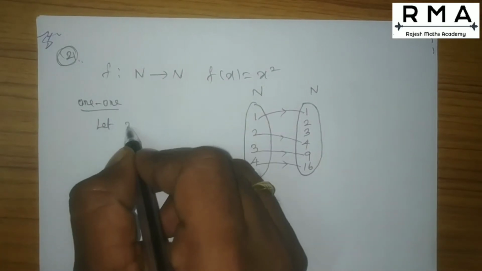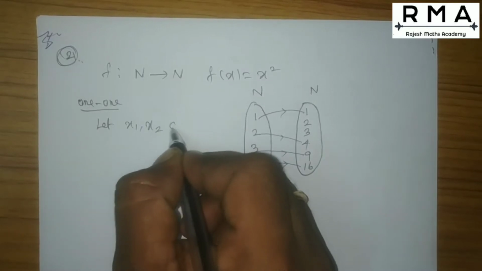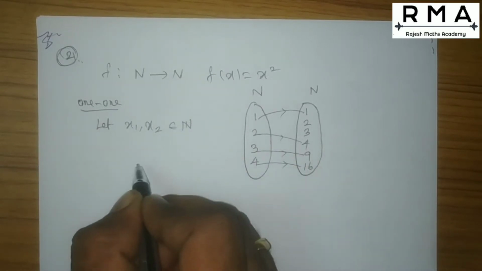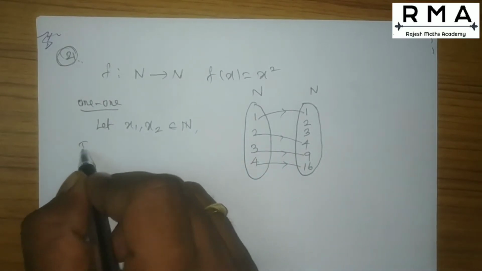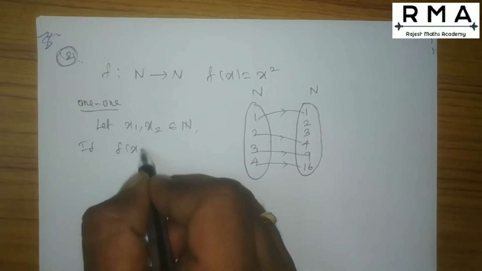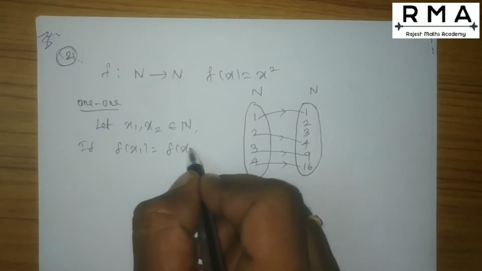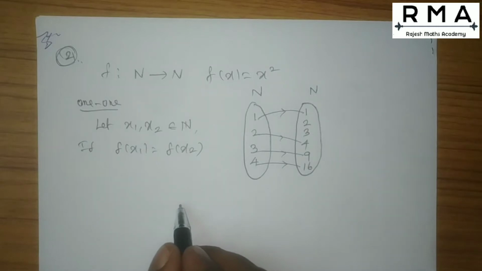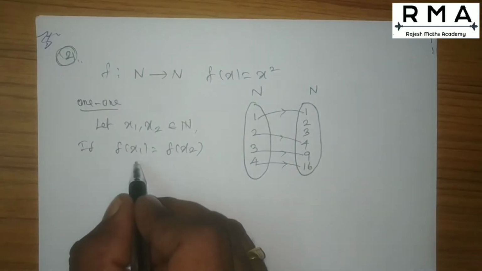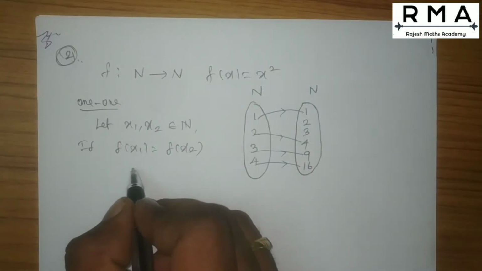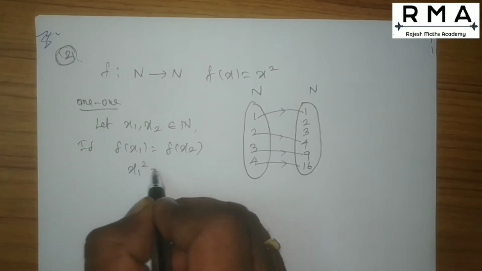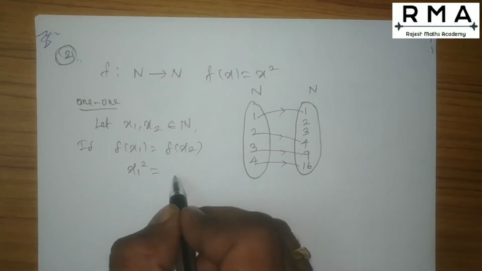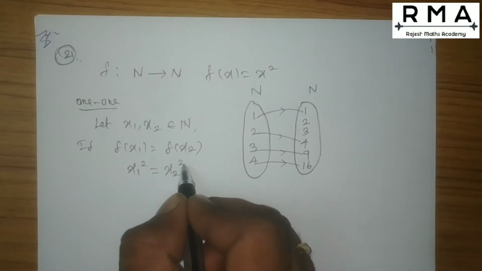Let x1, x2 belong to the natural numbers. If f of x1 equals f of x2, I need to prove that x1 equals x2. F of x1 equals x1 square, and f of x2 equals x2 square.